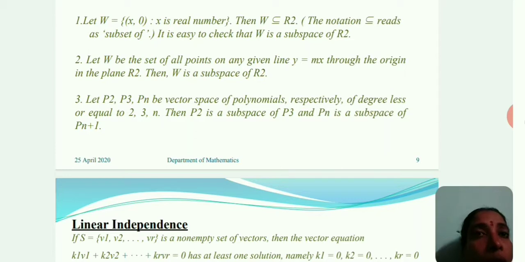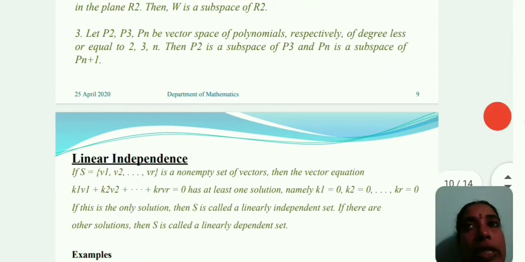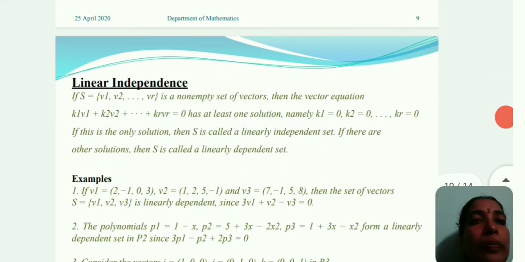That means now you have to take the scalars denoted as a1, a2, and so on up to an, and the vectors alpha 1, alpha 2, and so on up to alpha n. Their linear combination is denoted as a1 alpha 1 plus a2 alpha 2 plus and so on up to an alpha n, such that here ai belongs to F and alpha i belongs to S, where i is equal to 1 to n. This is called linear span.